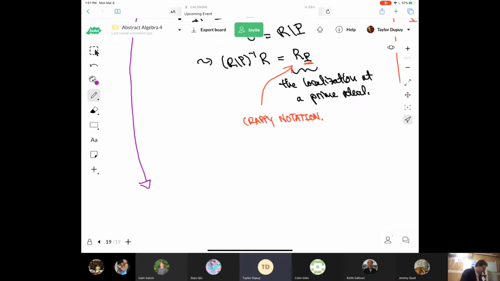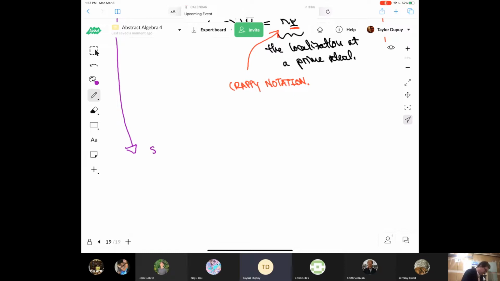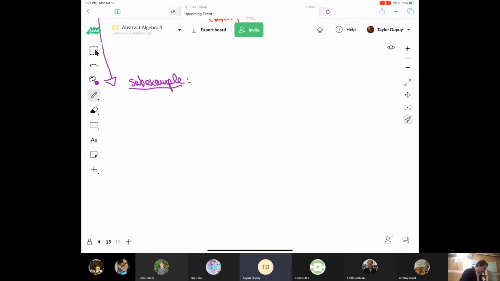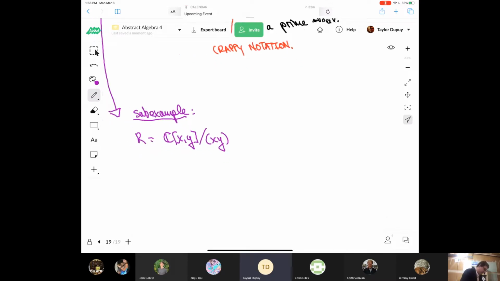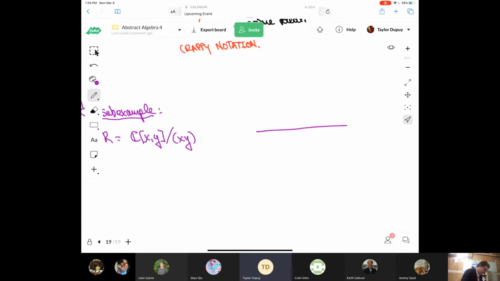Okay, so kind of the sub-example. Maybe I'll draw the picture. This is of the first type. If we take R to be C[x,y] mod (xy), geometrically this thing is two axes.